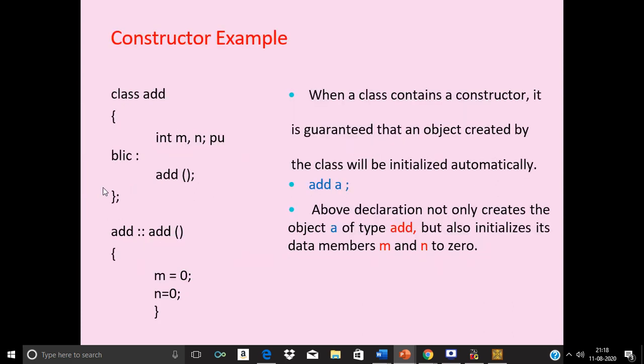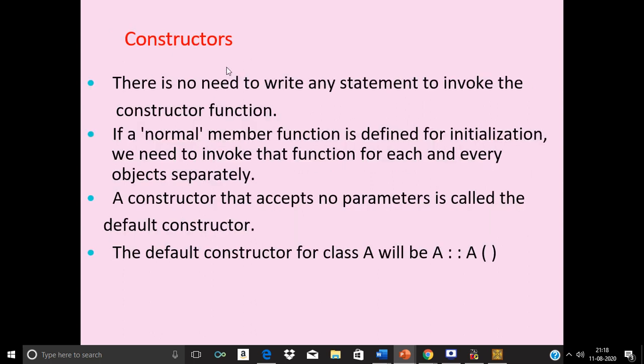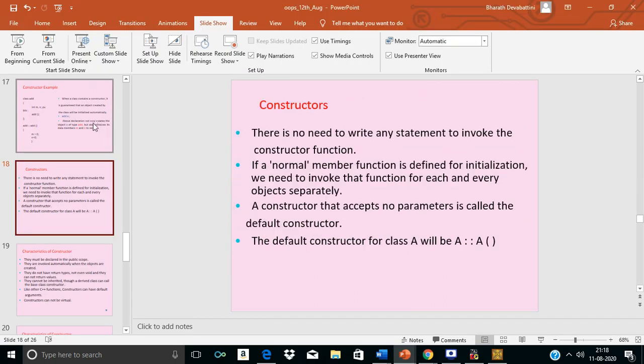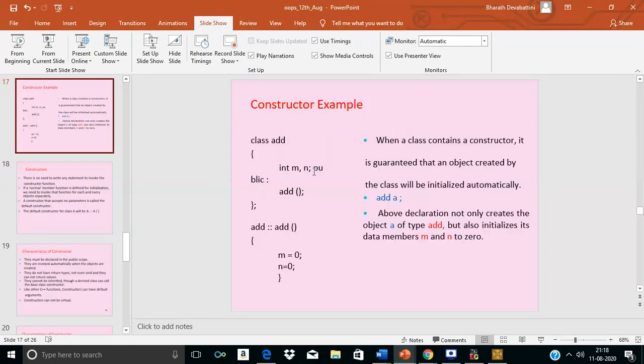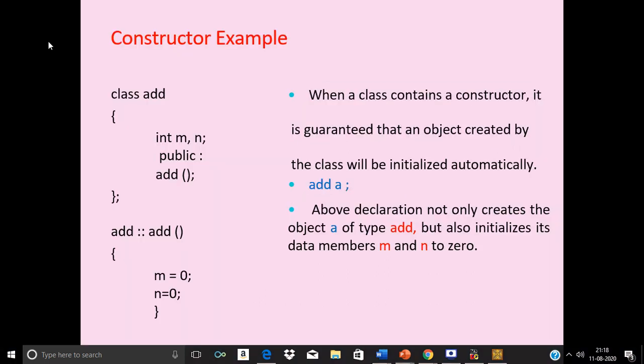So for example, here we are having a class with the name add. The first thing we need to remember is that the constructor should have its class name as its name. In this case, the name of the class is add, and it has two data members, that is m and n.